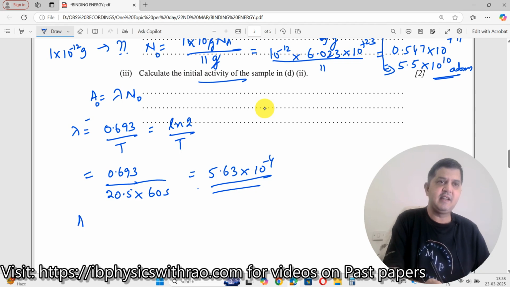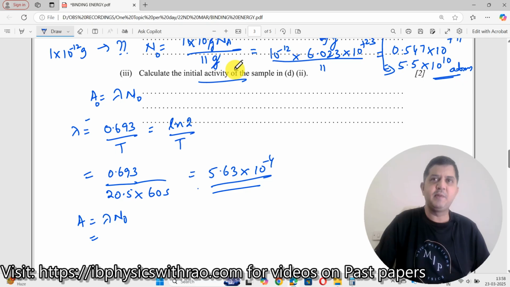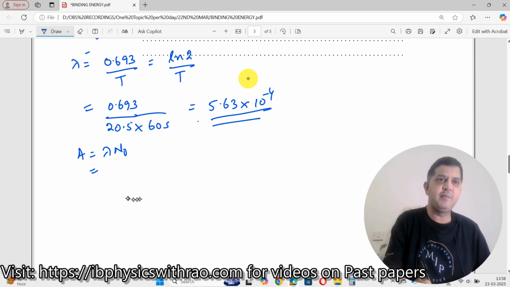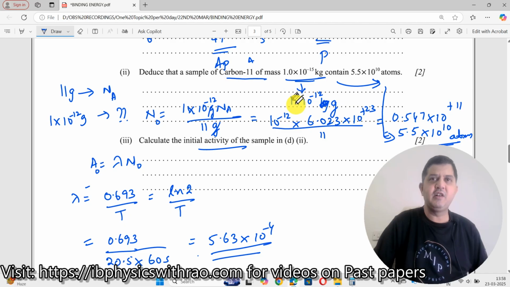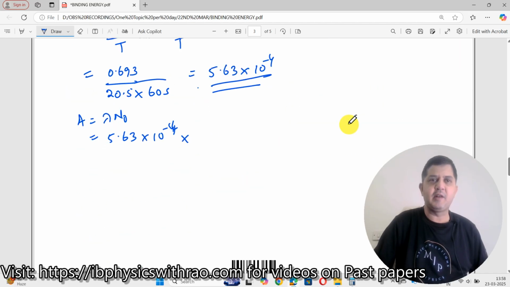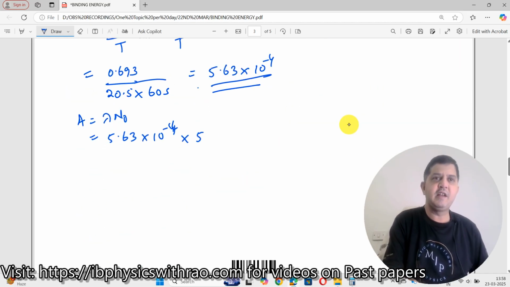A is equal to lambda times N0, which is 5.63 into 10 to the power of minus 4 multiplied by N0, which is 5.5 into 10 to the power of 10.